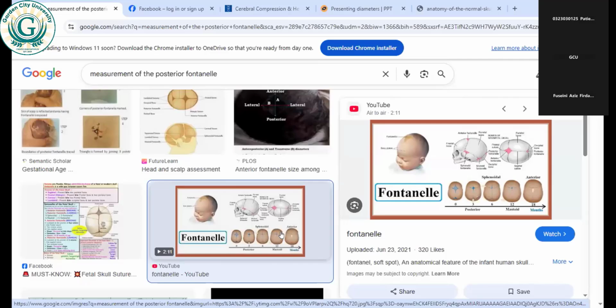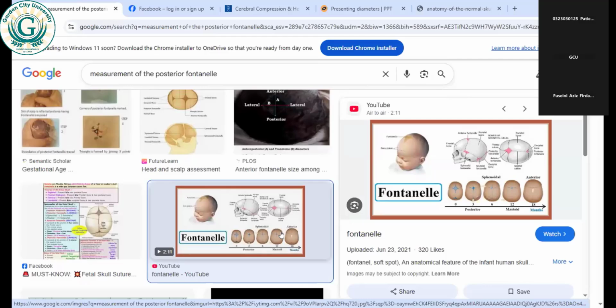And then we went further to learn about the presenting diameters. There are also three. With that, we are learning about the presentation, and with the presentation, we learned about attitude.